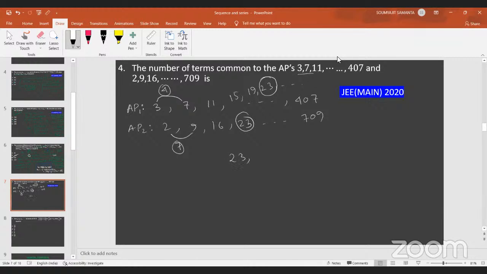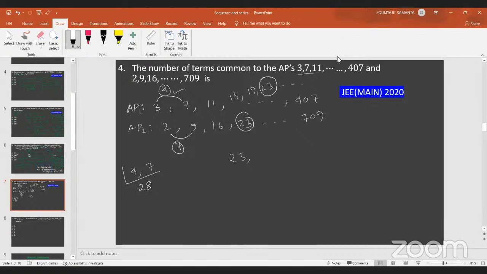And then what will be the next common term? To find the next common term, we'll find the LCM of the common difference of the first AP, that is 4, and the common difference of the second AP, that is 7. The LCM of 4 and 7 will become 28.